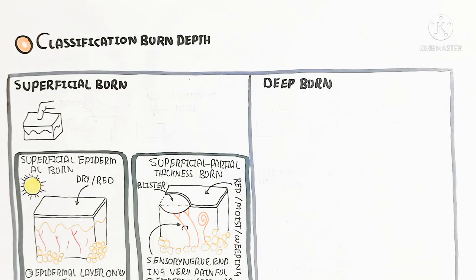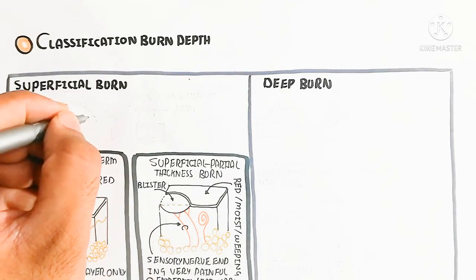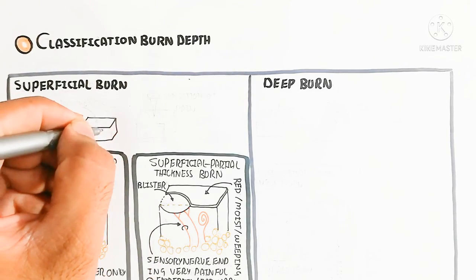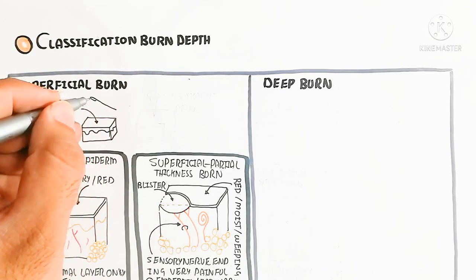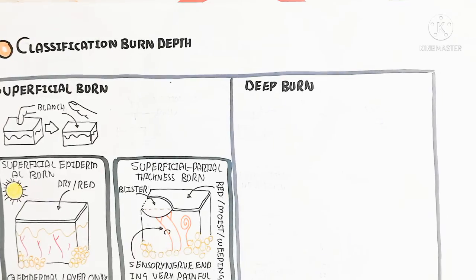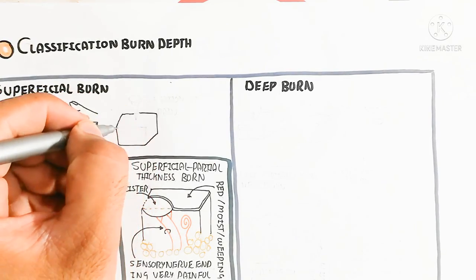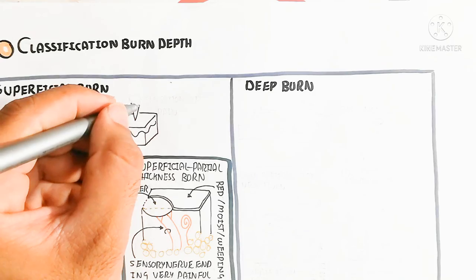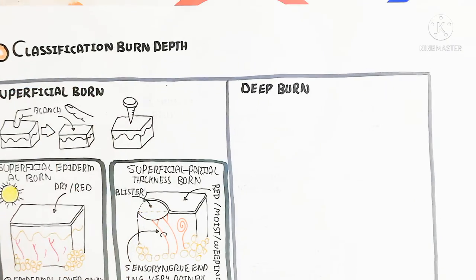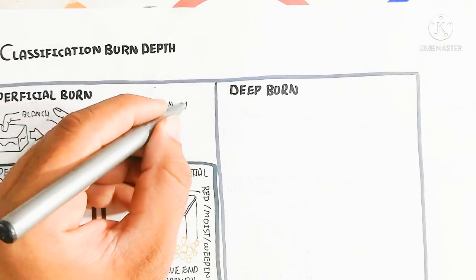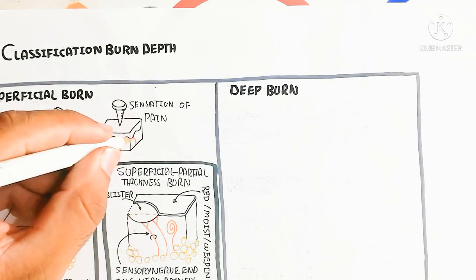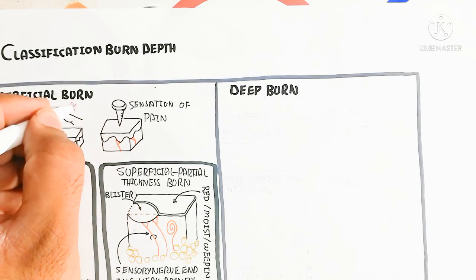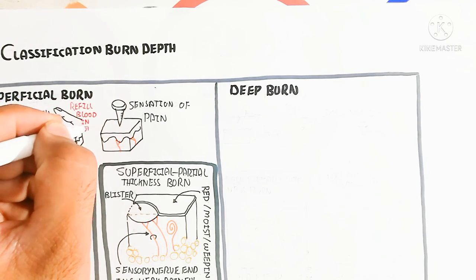Blanching means when you put your finger and give pressure, and after you take it out, the area will feel the sensation of pain as well as refill due to the perfusion of the cells, and the red color shows the perfusion. So the sensation of pain can happen, and that is why we can say it is a superficial burn, not a deep burn.